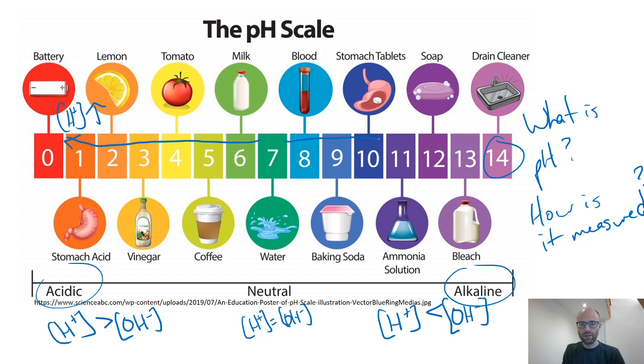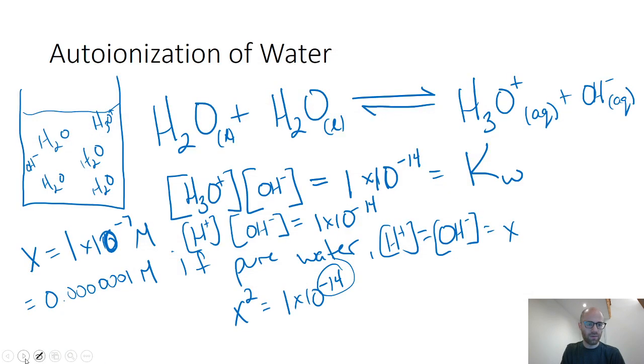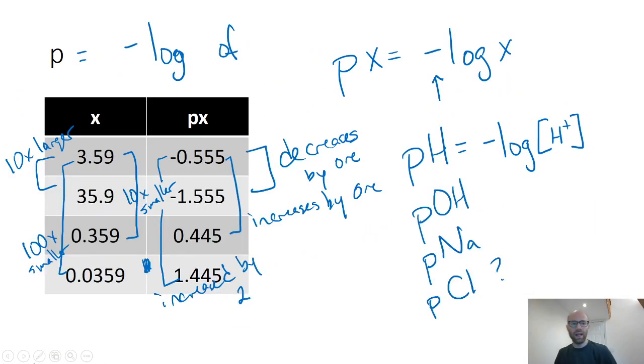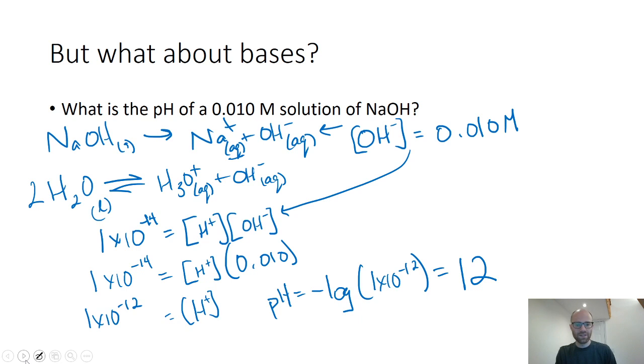And if the pH goes up, that means that the H plus concentration goes down. This is consistent with what we saw with our X values here. As the X value goes up, the pX value goes down. As the X value goes down, the pX value goes up. So lots of extensions to be had here.